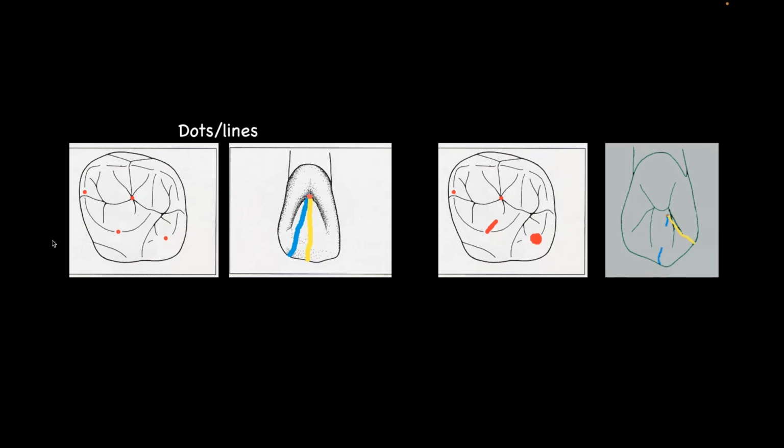That's argumentative. We can have that conversation about you like to have three, you like to have one. But I would argue it's almost a silly point. As long as we have a centric stop that is not an aggressive stop, meaning that as I'm closing, I'm not getting these big smudges and these big movements, because then I'm getting too wide of an area. And intraorally, that's not going to play out the same way it works on your cast.